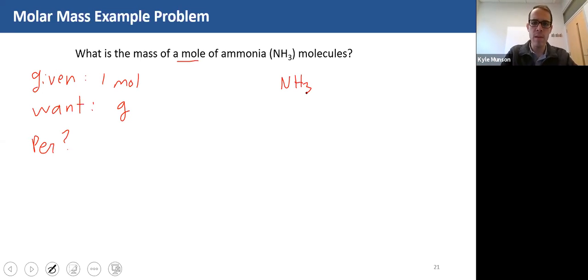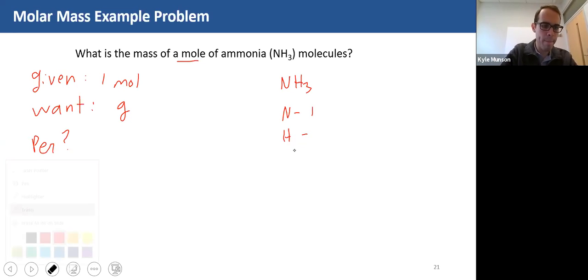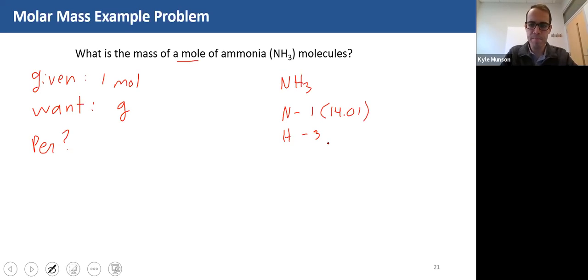So let's write down how many of each atom we have, similar to before. We have 1 nitrogen and 3 hydrogens. Then you go in the periodic table and find the masses of each one of these atoms or elements. You multiply those together, then add them up.